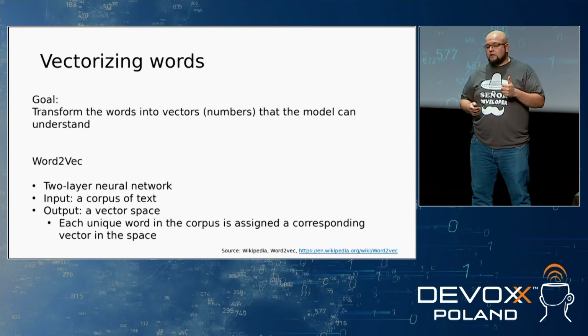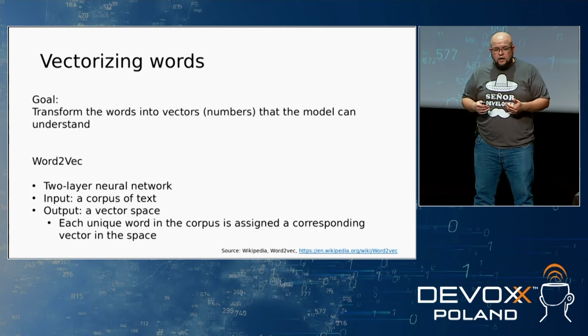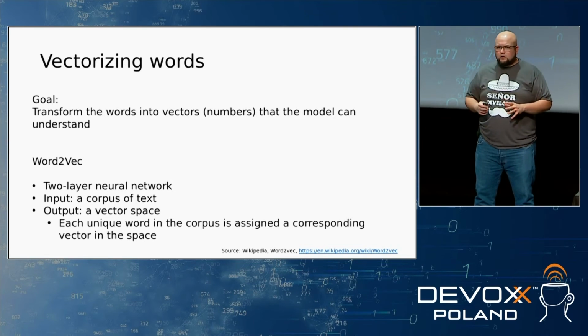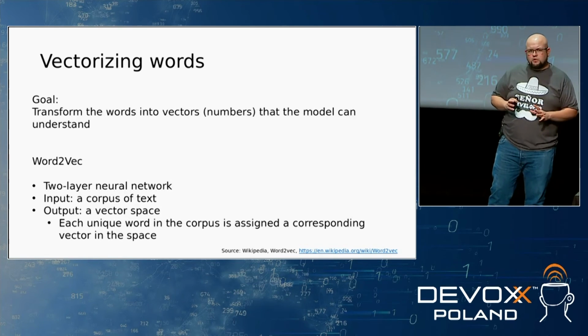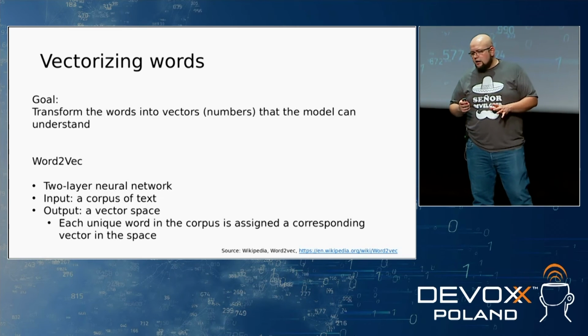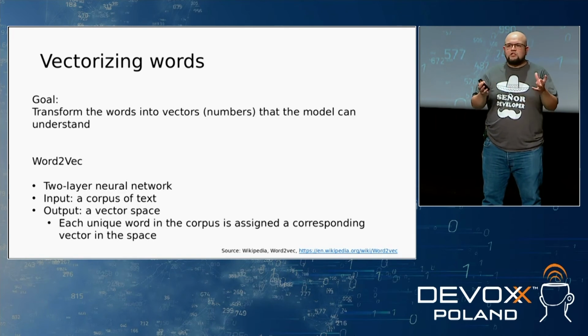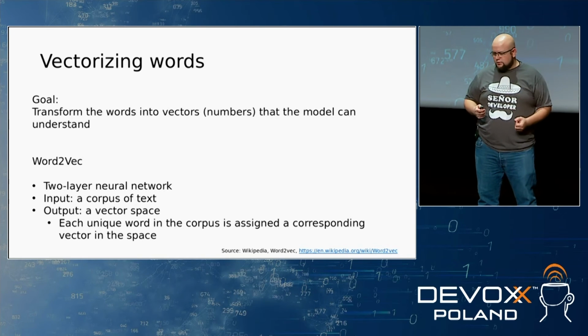The input is a corpus of text, and the output is a vector space, where each unique word in the corpus is assigned to a corresponding vector in the space. It's, again, an interesting tool. I invite you to have a look at it. You can find different kinds of relationships amongst the words. It's interesting.